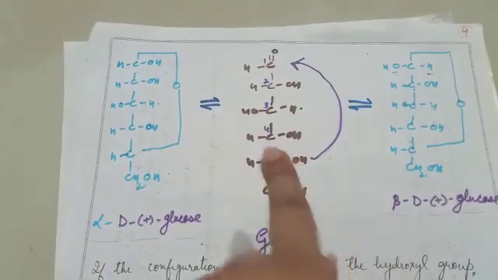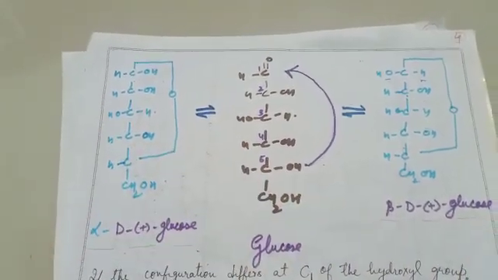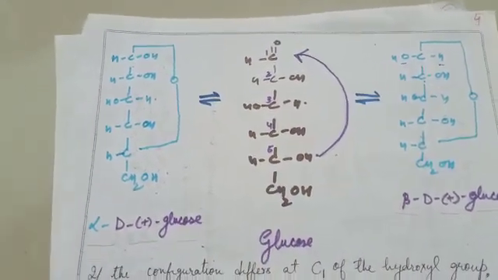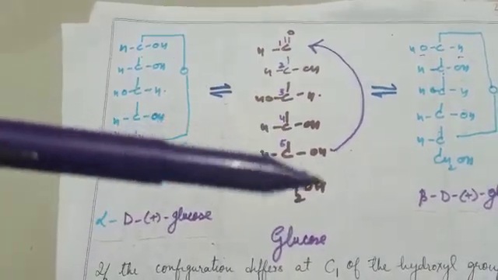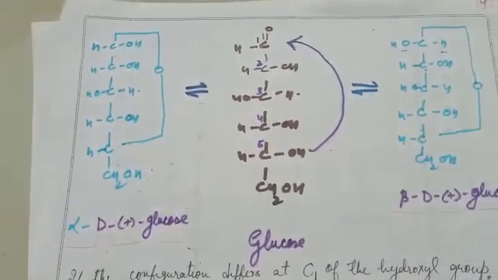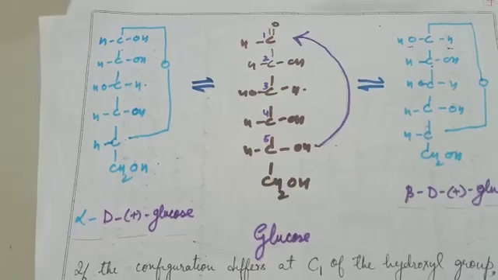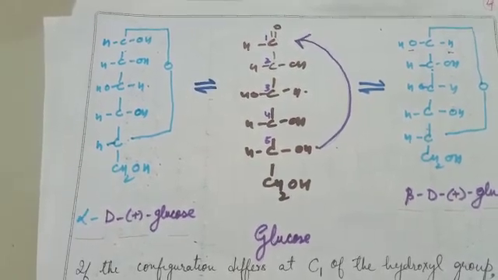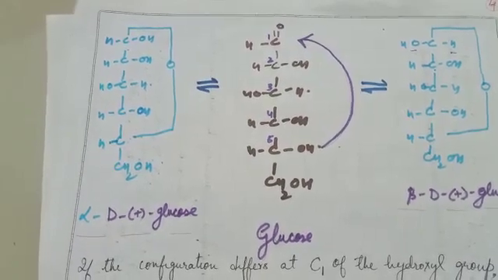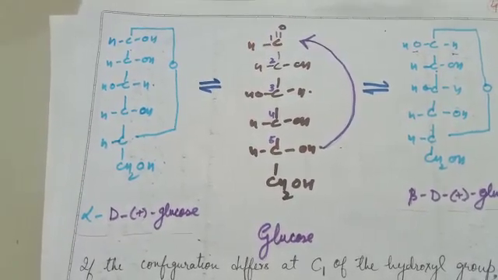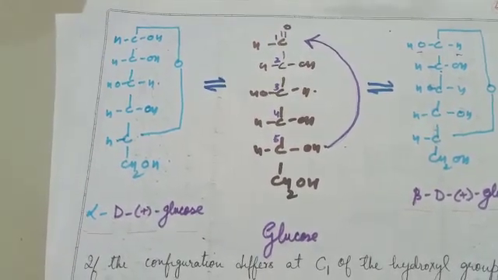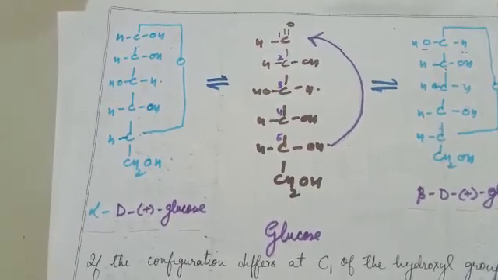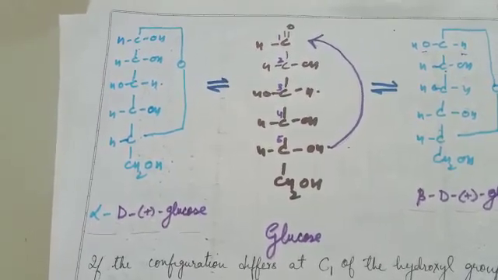And this open structure is in equilibrium with alpha as well as beta. Now, why does only carbon 5 migrate? Because the most stable cyclic structure we always get from position 5 and 6. That's why carbon 5 OH is migrating to the carbon 1 to get alpha and beta glucose structure.